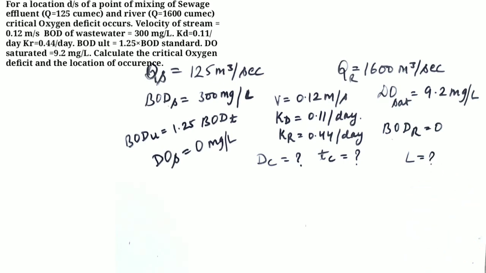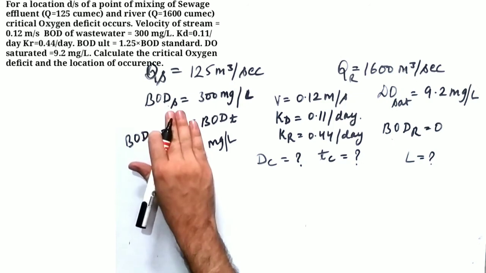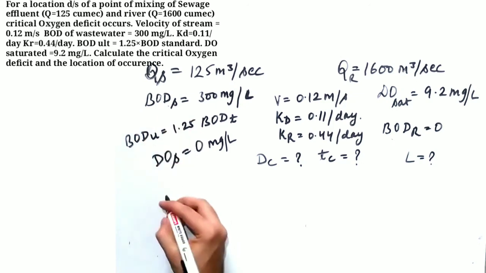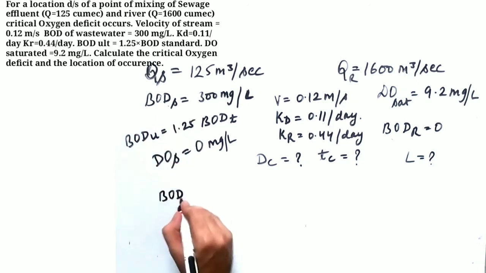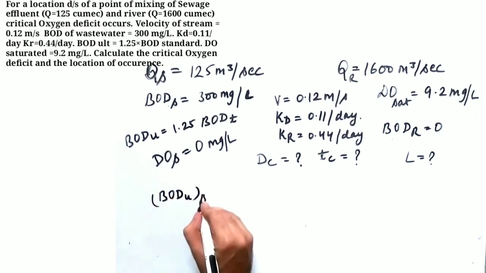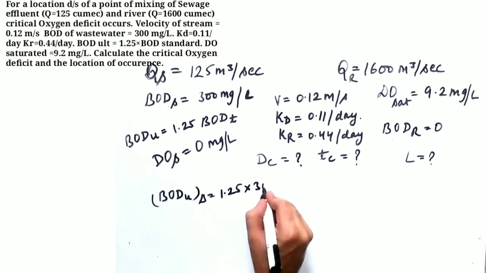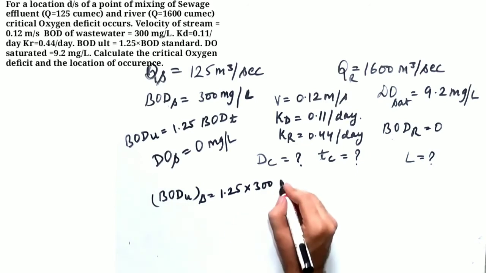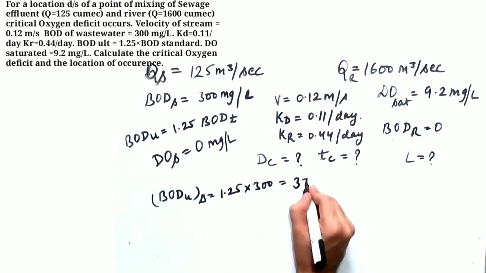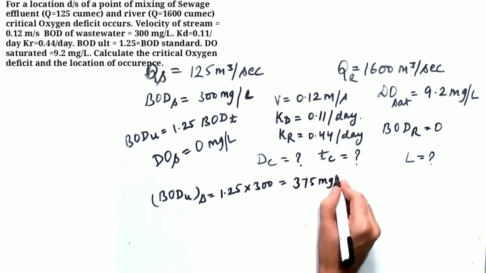To calculate the BOD ultimate of the mix, first of all you have to calculate the ultimate BOD from this standard BOD. So the ultimate BOD of the sewage will be 1.25 times 300, which results in 375 milligram per liter.